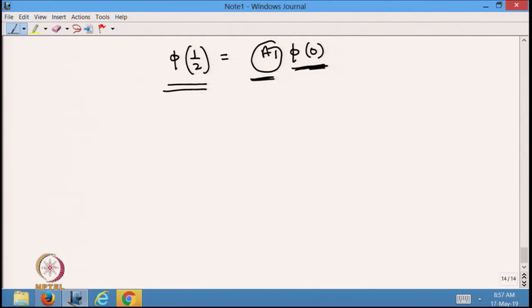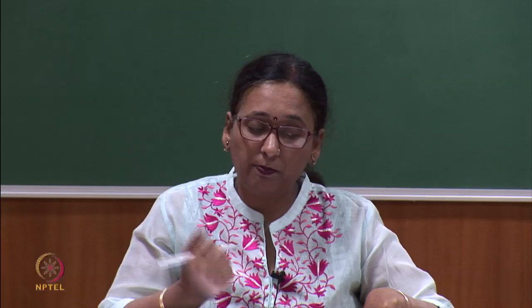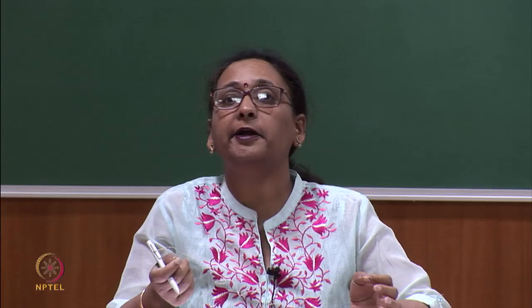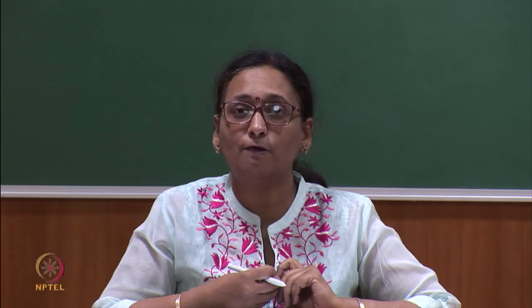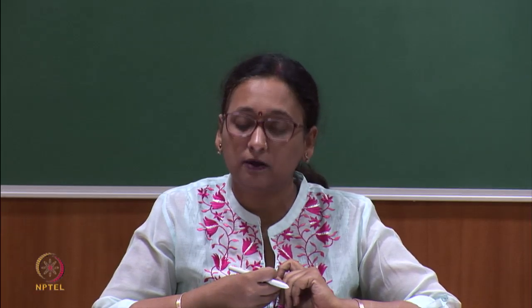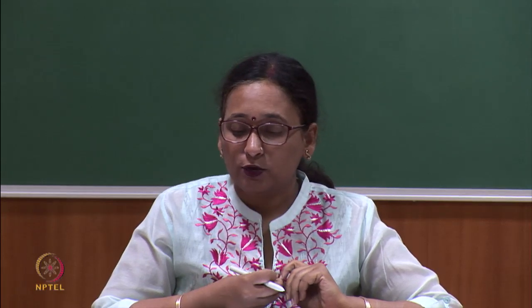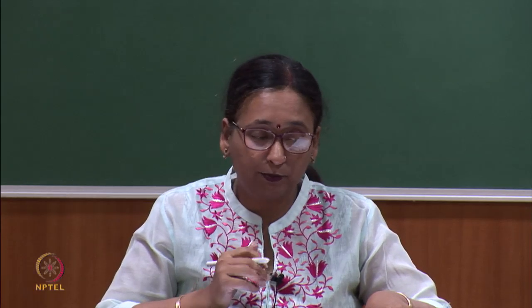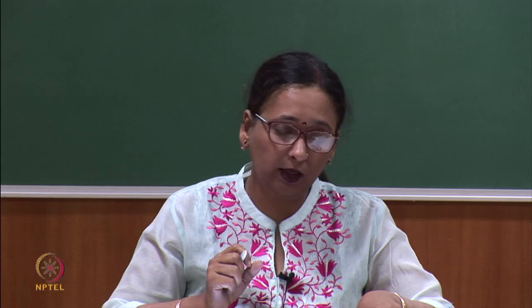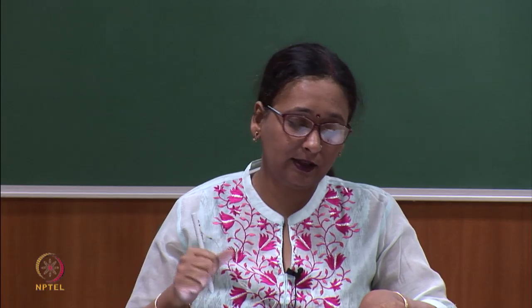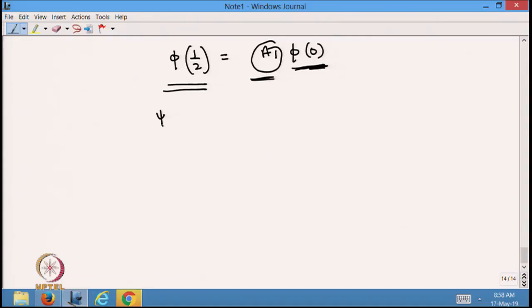So you can keep iterating this procedure to compute the value of phi at any dyadic grid. Let me say again, for computational efficiency we are taking the dyadic grid; you could take any other grid also, but here we will be using only a dyadic grid. Once you know phi, you can also compute psi at the dyadic grid, because that also can be given by this relation.